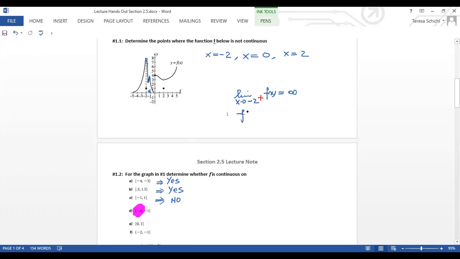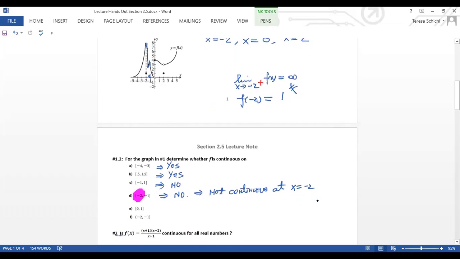But the function value f of -2 is here, it's 1. So they are not equal. So the answer here is no. The reason is that f of x is not continuous at x equal to -2. Be very careful when you have a closed bracket.